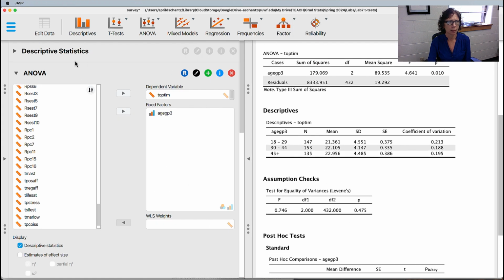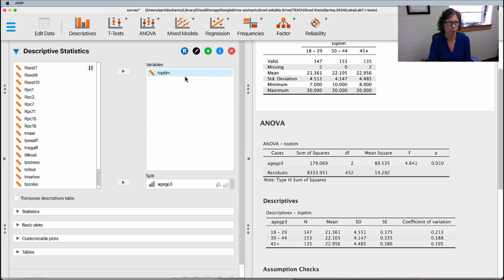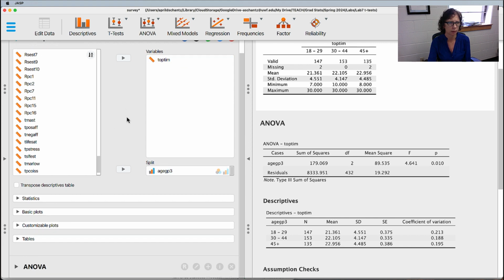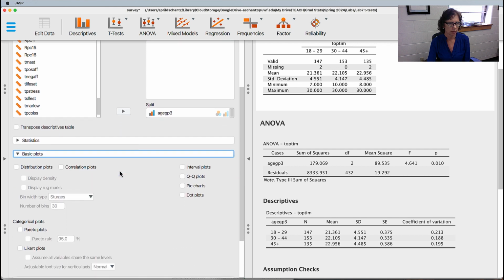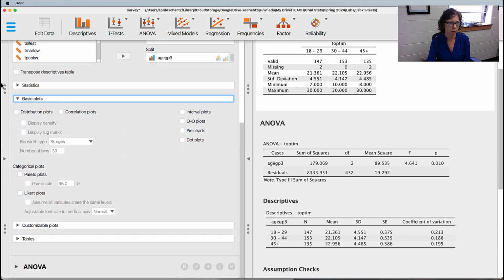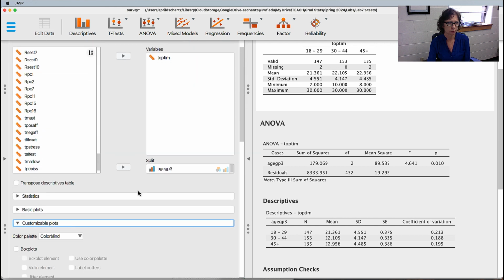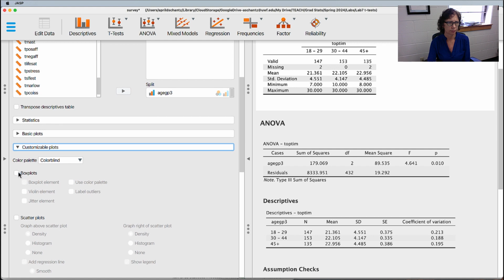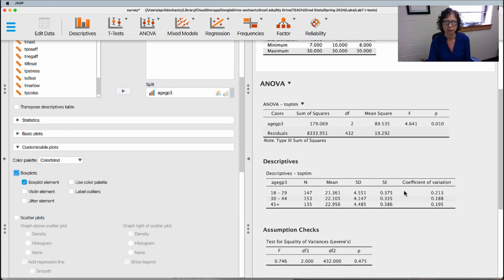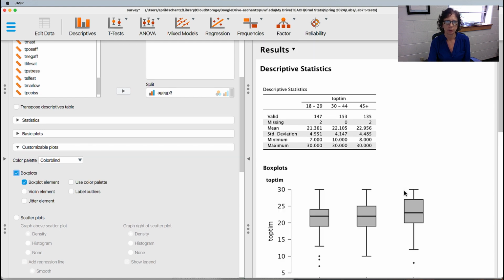In fact, I bet we can even put it like where we put our descriptives with age group and total optimism there. There may be box plots in here. So it's not in basic plots. Let's see, customizable. There they are. Let it work that out.